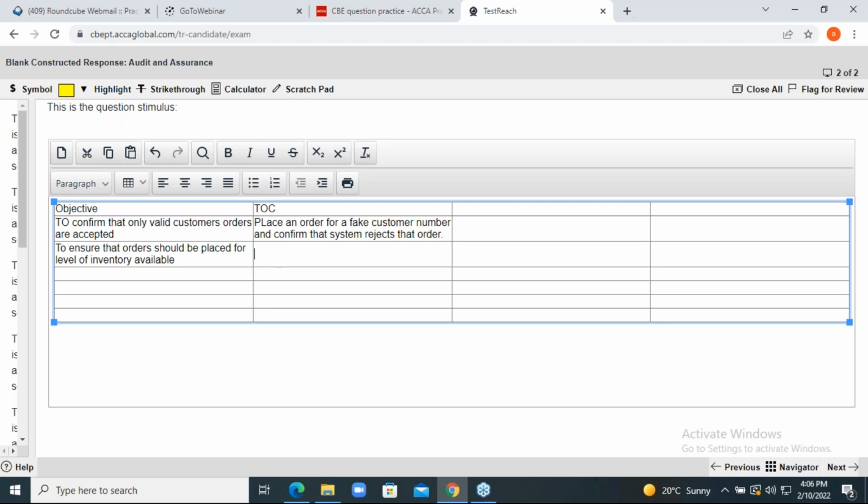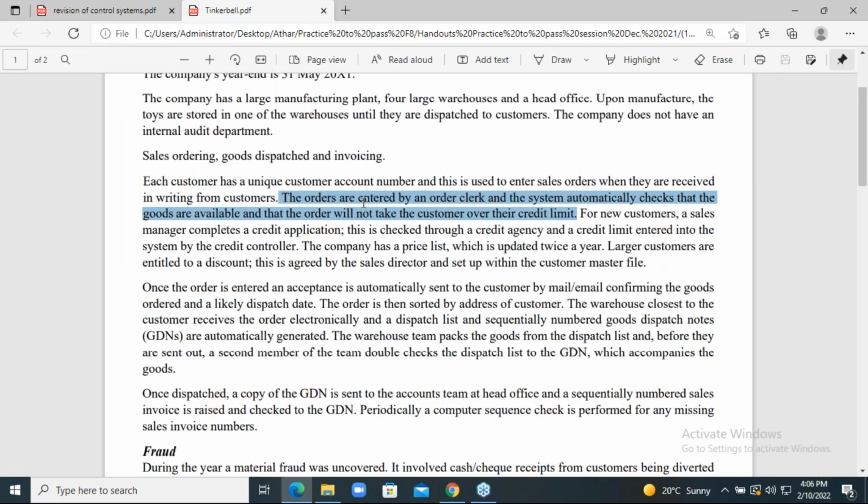So how are we going to confirm, how are we going to test this control system? Now this is a claim by the organization. The organization is claiming that this is our control system: the orders are entered by the order clerk and the system automatically checks that goods are available. For this type of control system, the same kind of test of control will be applied as we applied in the above unique customer account number objective.